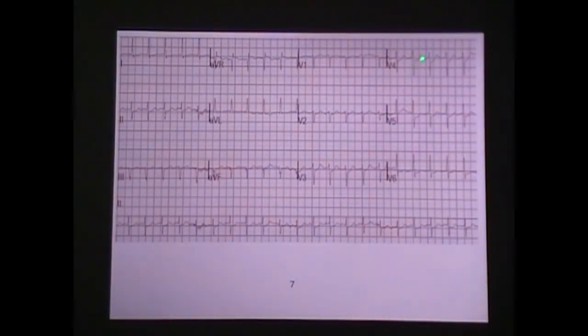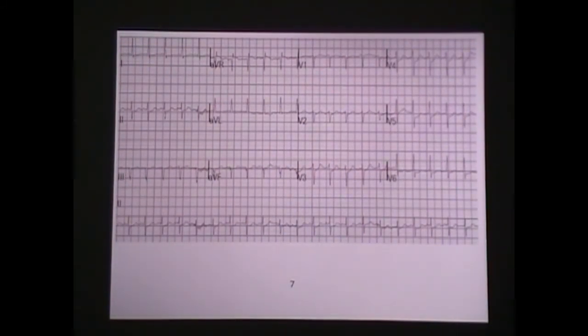V3 through 6, yeah. I would say no. Is it fast or is it slow? A little fast. If you're using the boxes, 300, 150, that's a little bit short, so maybe 130-ish, probably.